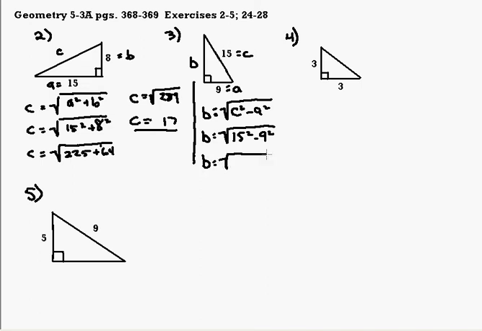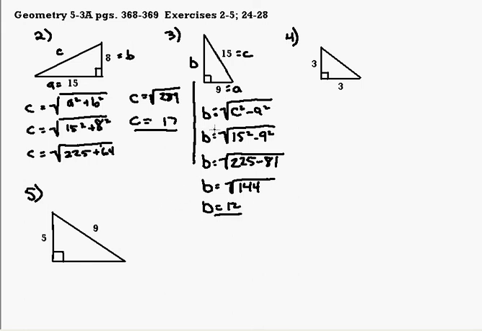B is equal to the square root of 225 minus 81. So if I do that subtraction, 225 minus 81 gives me 144. And the square root of 144 is 12.